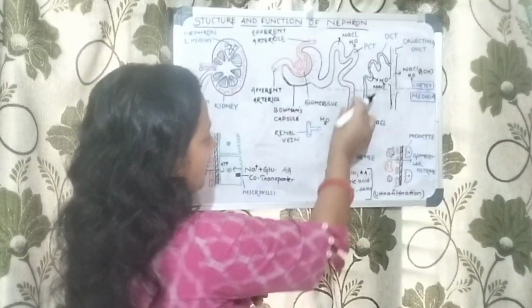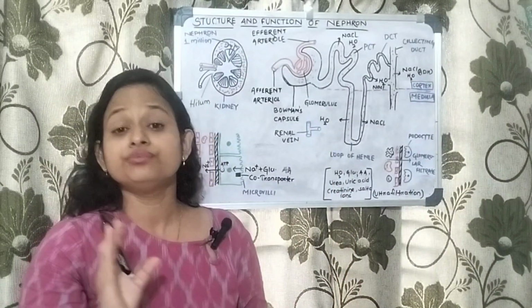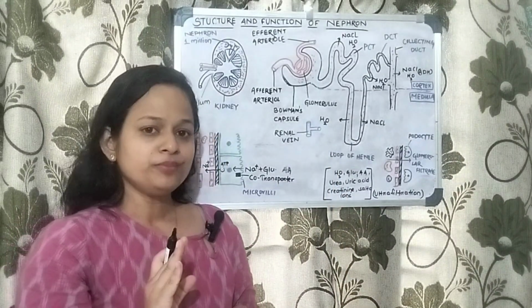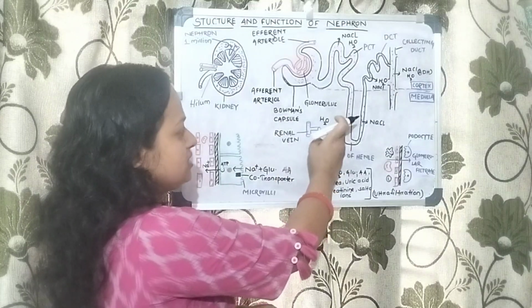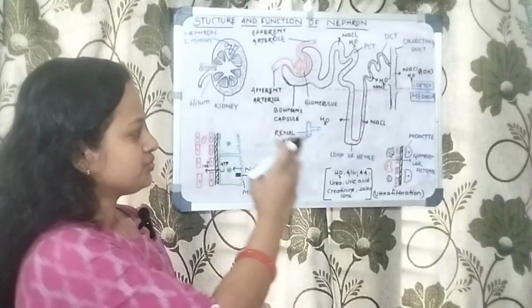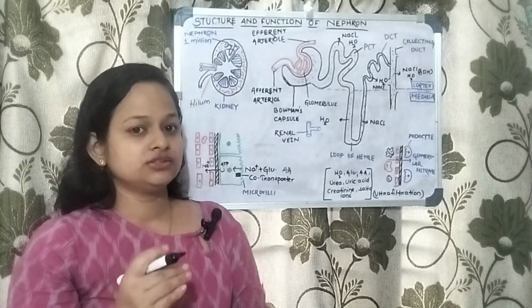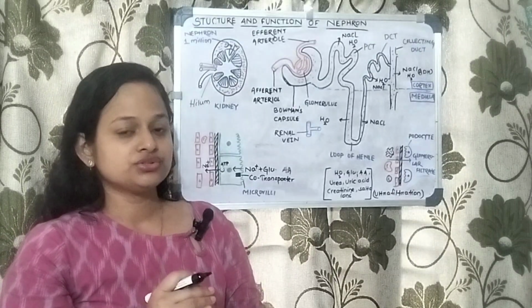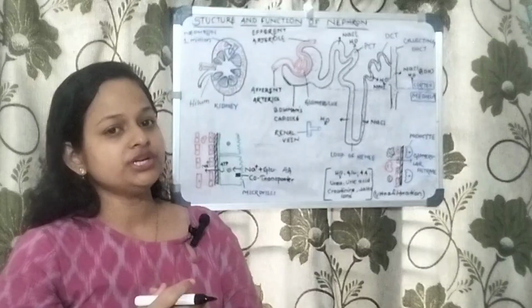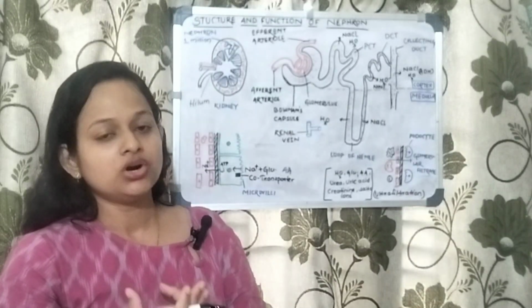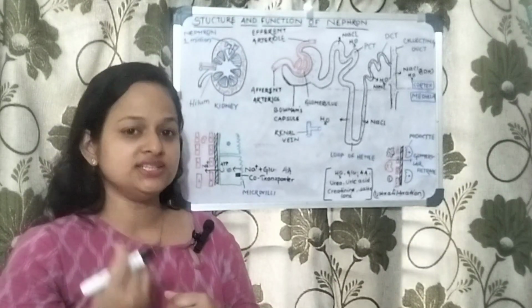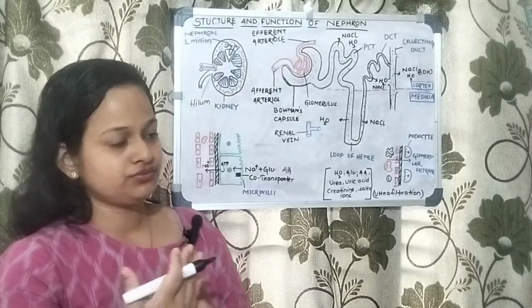As this descending limb is not permeable to any solute, only water reabsorption occurs from this part. So here, as the water concentration drops, the tubular fluid becomes more concentrated, or the solute concentration increases in the tubular fluid.